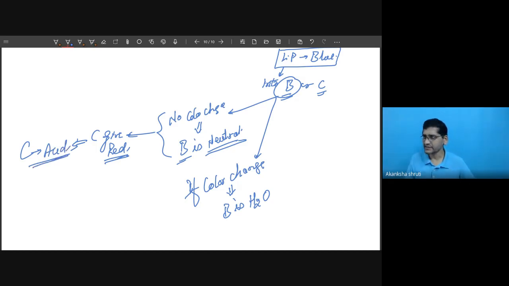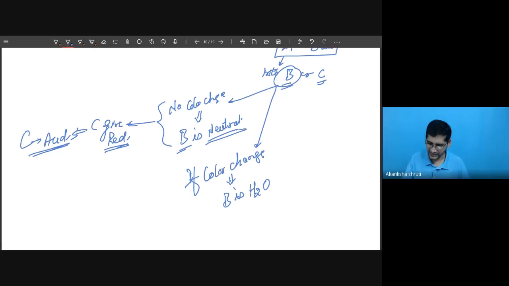So this way, this is basically the logic that you have to write, but it should be in sequence. Whichever sequence you take and write, you will get the same answer and you will get the same marks.